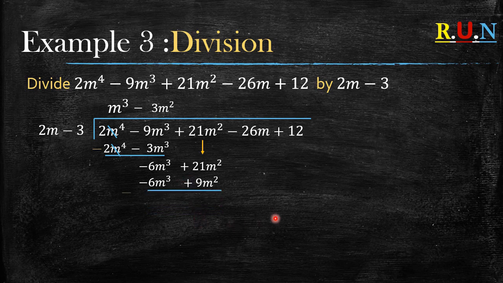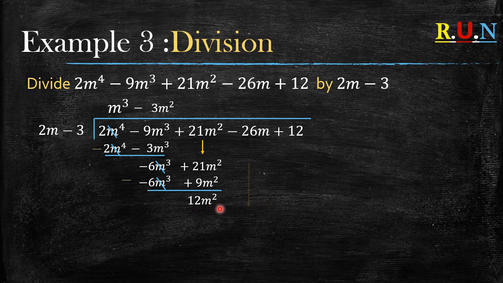So we draw our line, bring out our minus sign, and then we subtract. The first terms always cancel out, and then we subtract the second terms. So 21 minus 9 equals 12m squared.